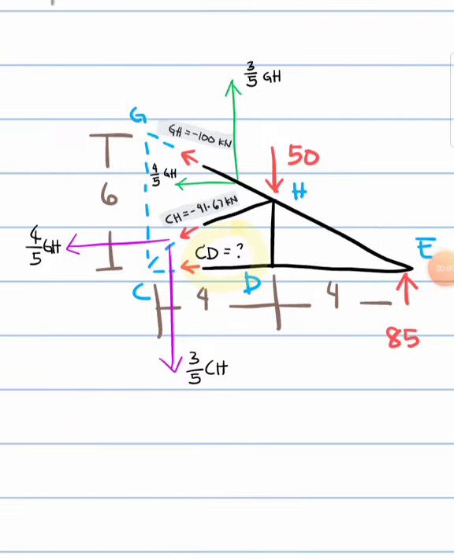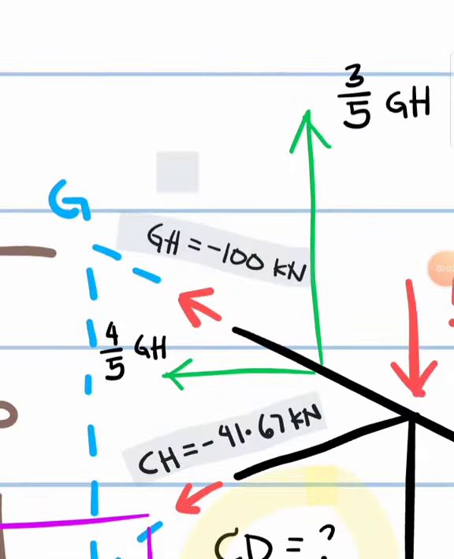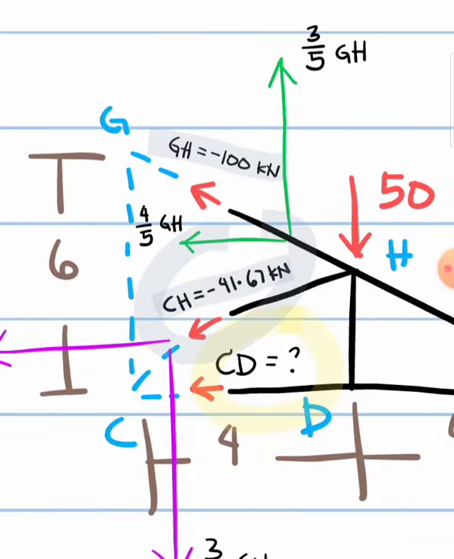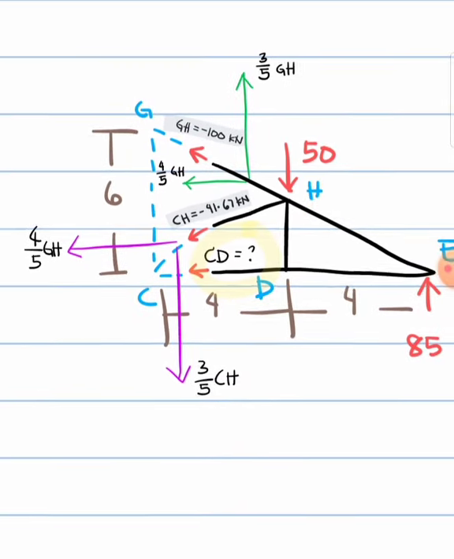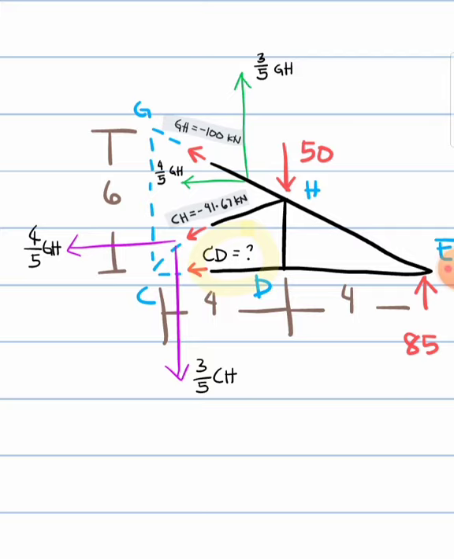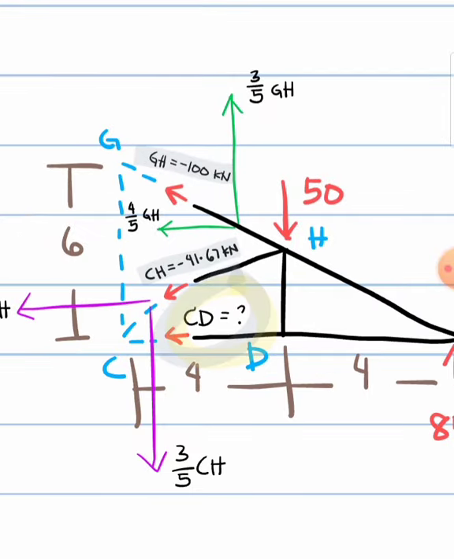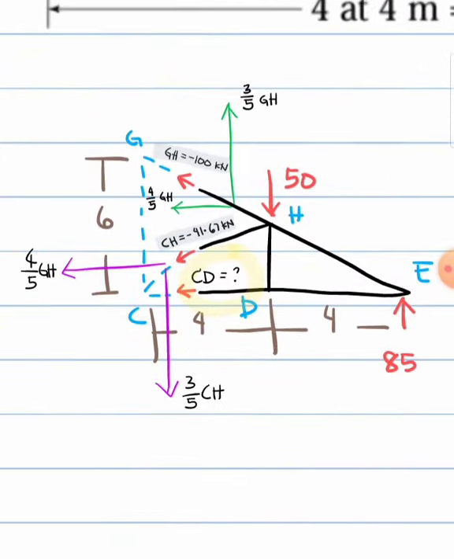So now that we know the value of GH and CH, the only thing that we don't know now and we're asked to solve is CD. So our approach here is either we take a moment again at any point.